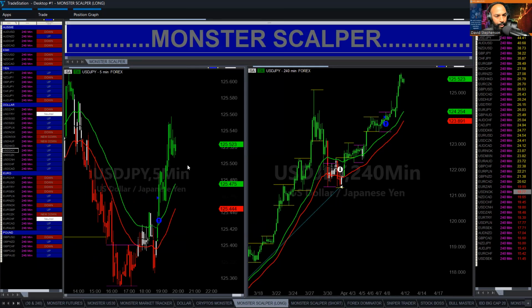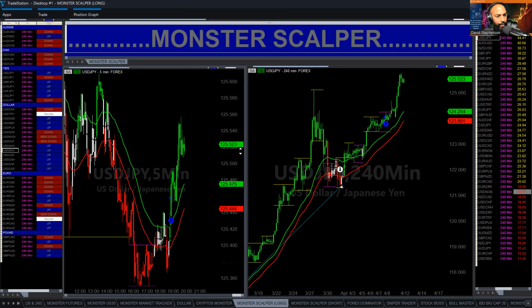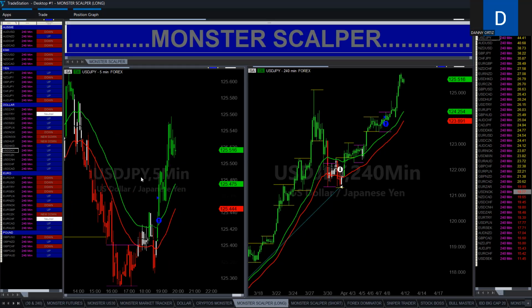All right, so over here, we've got the dollar yen buy signal moving higher. And here, look at this. This is the 5 minute buy signal right here. You see that? Buy signal was right here.